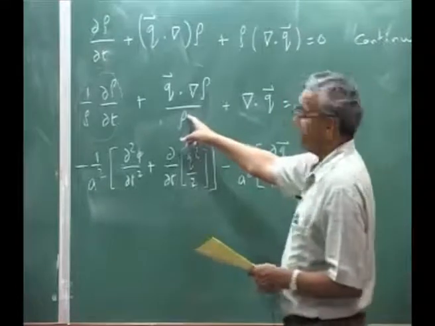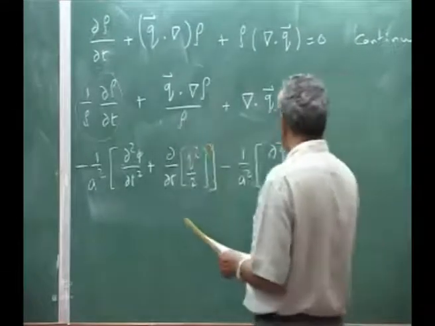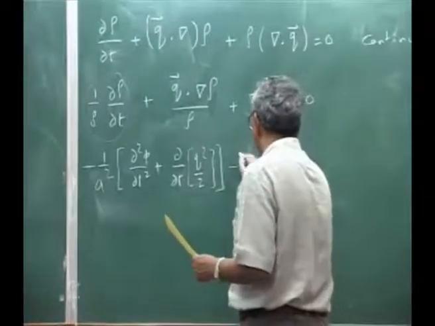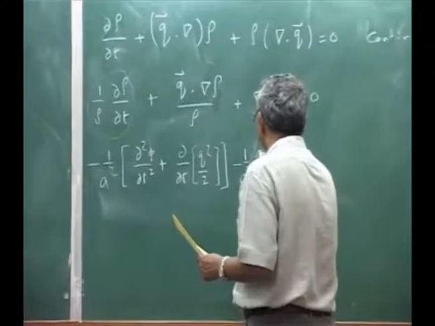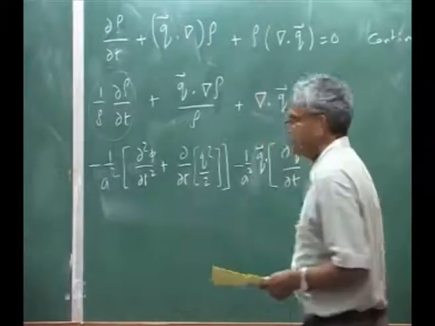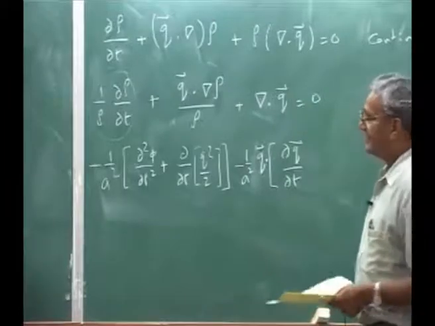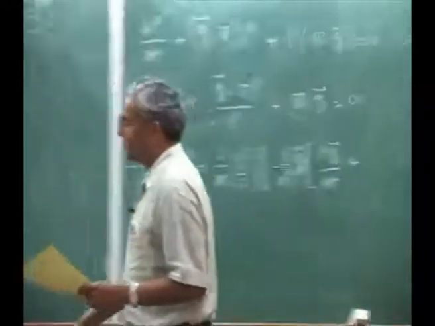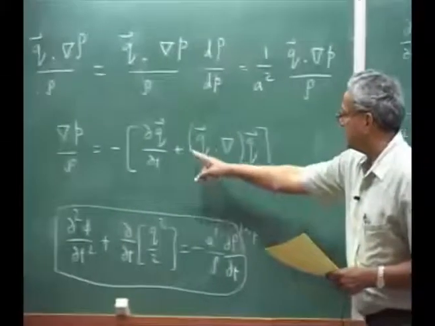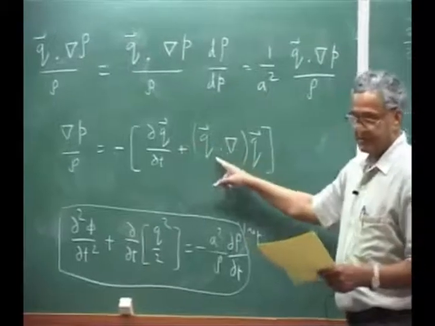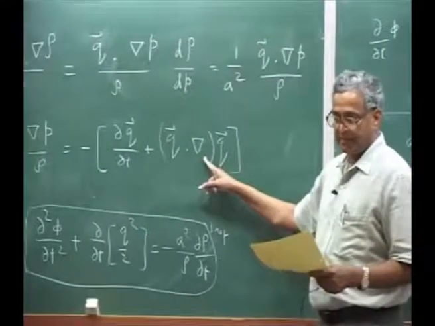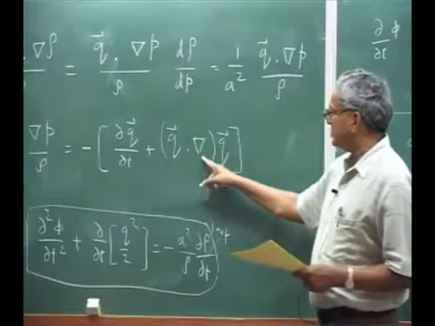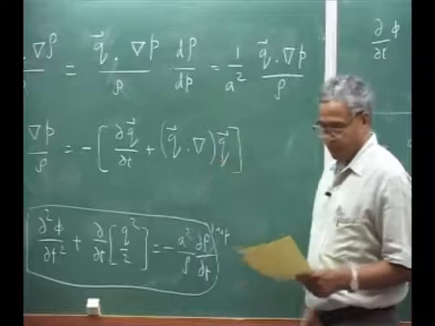No, I have to get a q dot. I'll put the q dot, maybe 1 by a square. So I will use a q dot, okay, q dot plus the second this term, q dot of this particular term, right? Because this term is q dot del q.